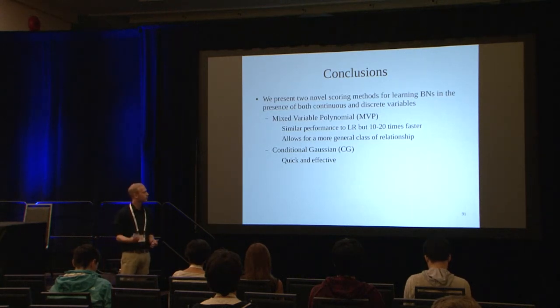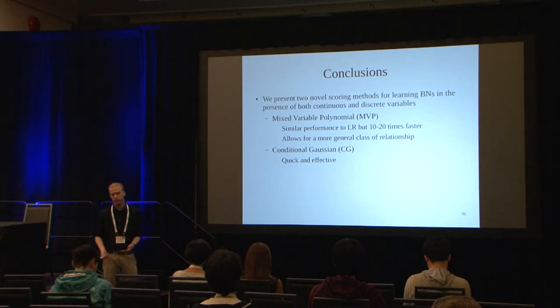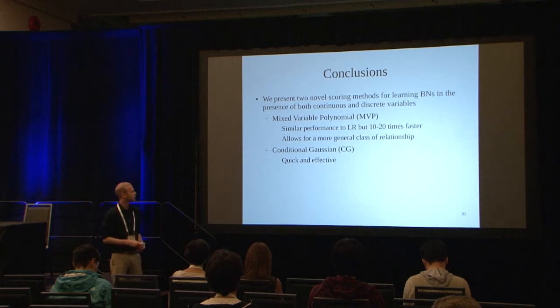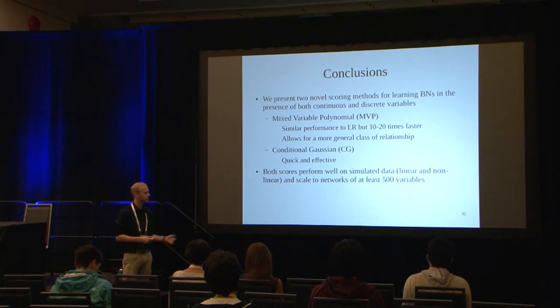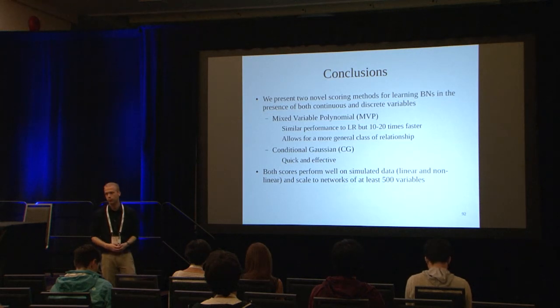And it allows for a more general class of relationships, such as nonlinear relationships. The conditional Gaussian score is quick and effective, and it works really well in pretty much any situation. Both scores perform well, and we've scaled them up to networks of at least 500 variables. And they can easily be scaled to even more. And that's it.